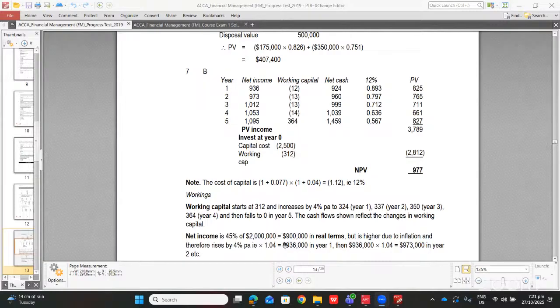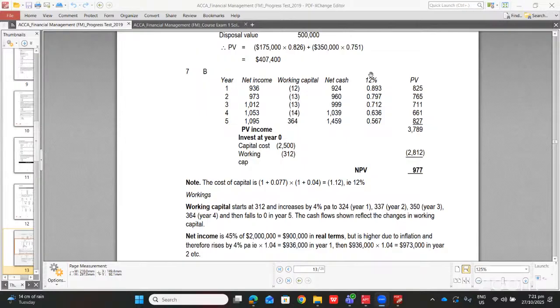So we have to increase this 900,000 by 4%, giving us 936. And then every year, it increases by 4%: 936 increased by 4% gives 973, increased by 4% gives 1,012,000, etc. So the net income figures, I think we can follow that. The working capital figures, we can follow that. Getting our net cash flow.